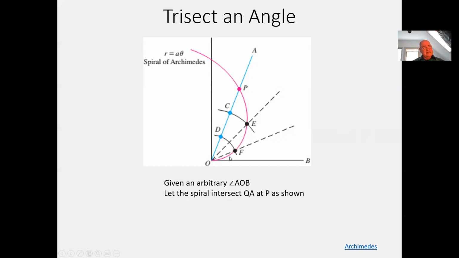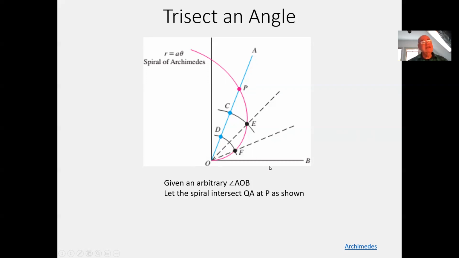Well, remember, as the angle spins out, this length is growing longer and longer in the same proportion as the angle is getting bigger and bigger. So if you take this length where your angle of interest hits the spiral and take 1/3 of that and bring it down to the spiral, then isn't it the case that if this length here is 1/3 of this length here, then this angle is 1/3 of this angle here?